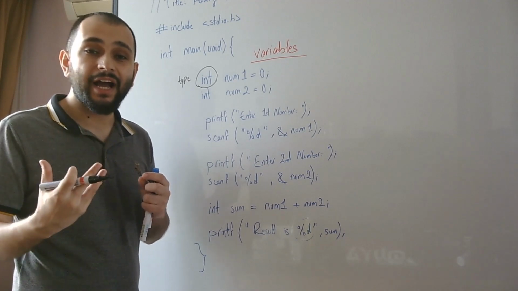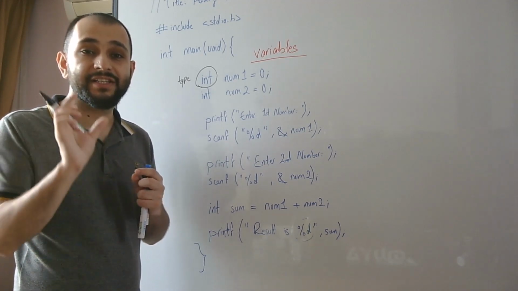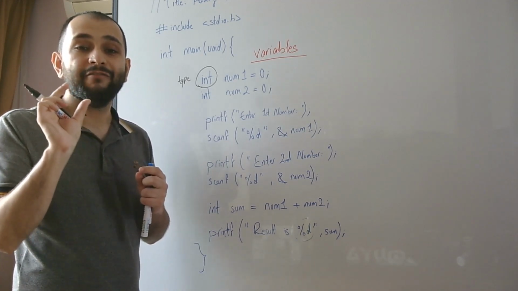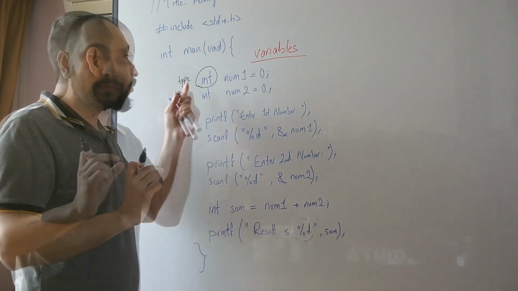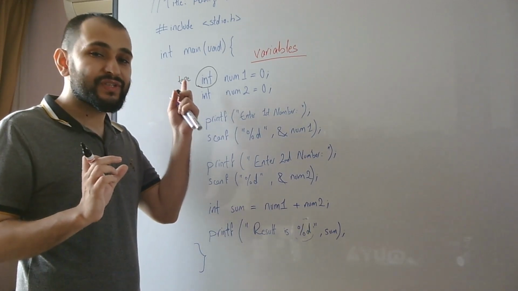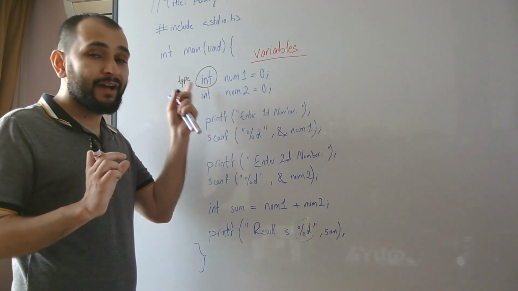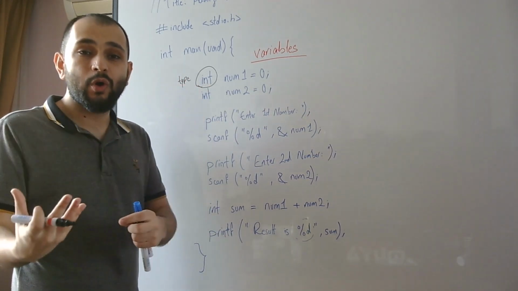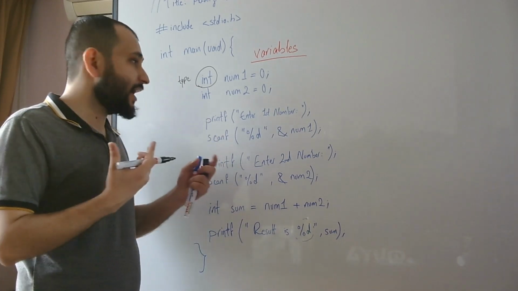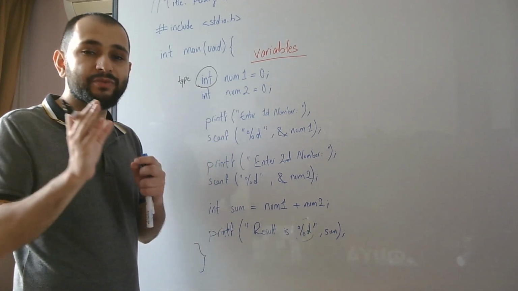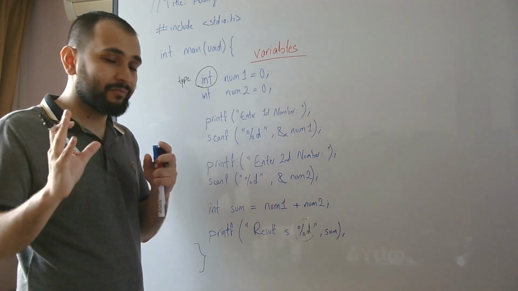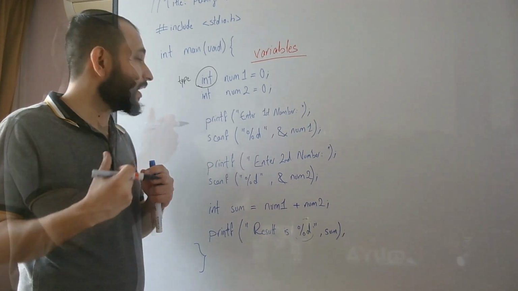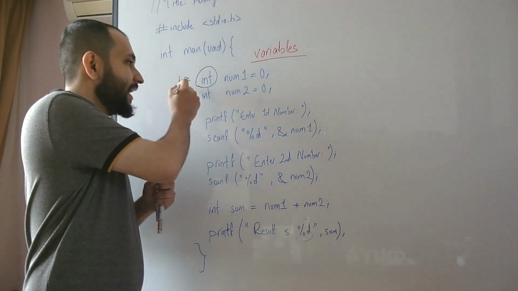Because based on the type, the computer is going to assign a specific amount of memory for that variable. So when the computer sees that this is a variable of type integer, it is going to assign 2 or 4 bytes of memory to this variable. We will discuss later on how much memory is required for each type of data.